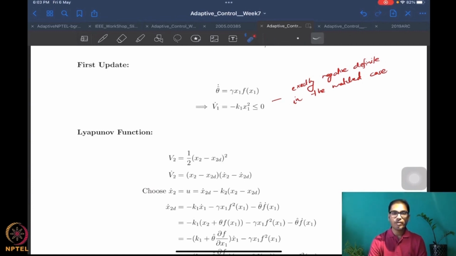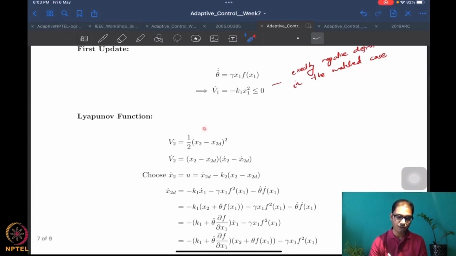So now what? We of course know that x2 is not identically equal to x2 desired. So we do the best we can. We try to have x2 track x2 desired. And for that, we introduce a quadratic term in the backstepping error. Yeah, so we are trying to drive the backstepping error to 0. So obviously we introduce a quadratic term in the backstepping error in the form of V2, right?